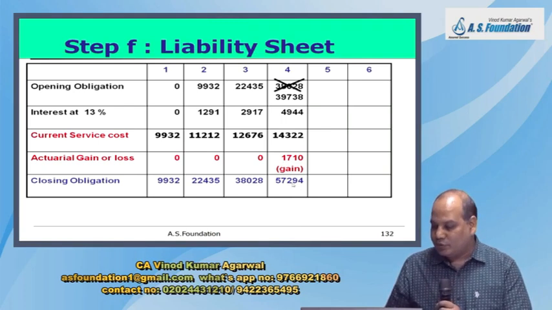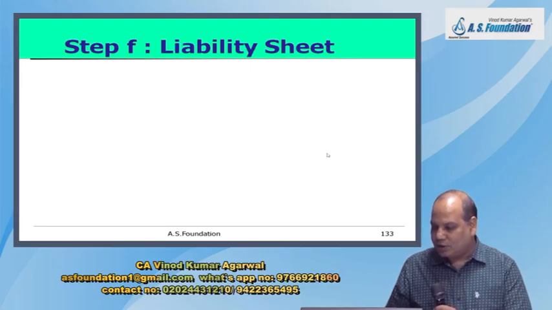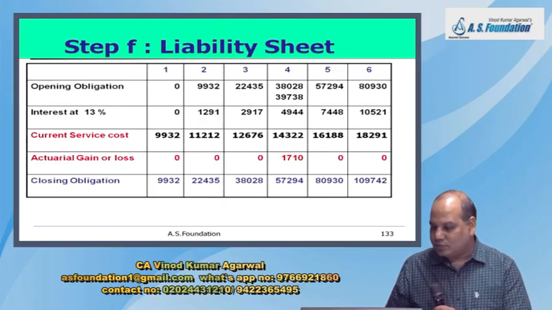Next 2 years is again simple. Continue. Start with this number and complete the table. Check the answer of the next 2 years. 57294, take 13%: 7448.